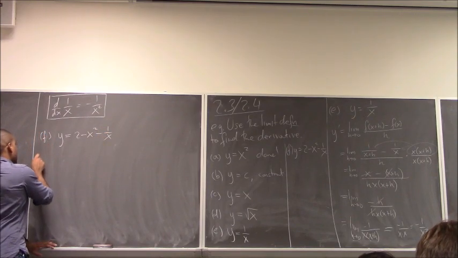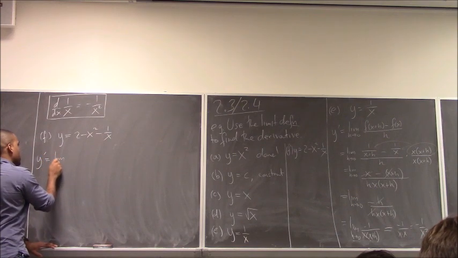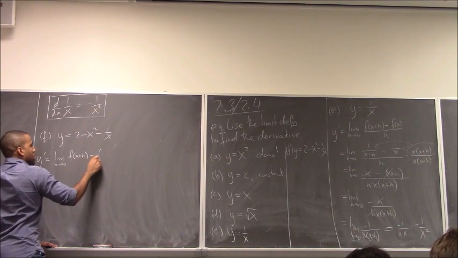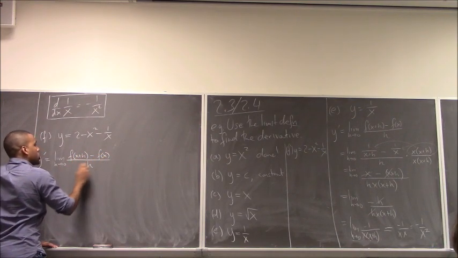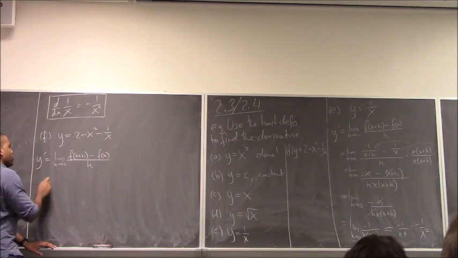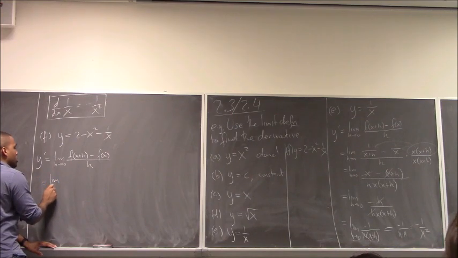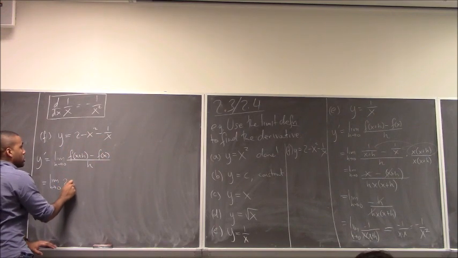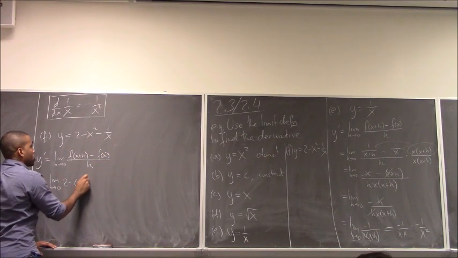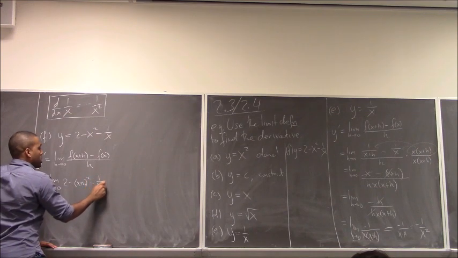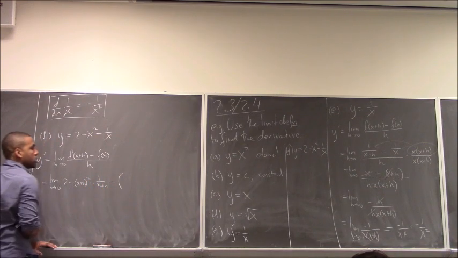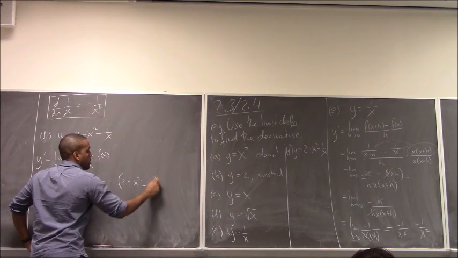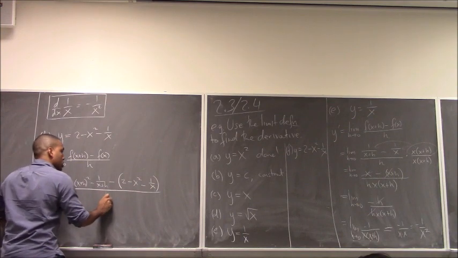So we know that to find the derivative, this is going to be the limit as h approaches 0 of f of x plus h minus f of x, all over h. We're going to just replace all x's with x plus h here. That's 2 minus x plus h squared, minus 1 over x plus h, minus, in parentheses, our original function back, all over h.